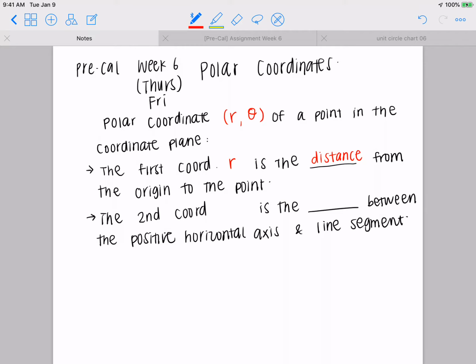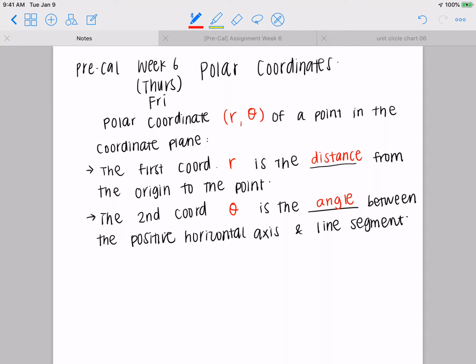And then the second part of polar coordinates is theta. The theta part is actually the angle. Remember, anytime we talk about theta, that refers to the angle. It is the angle between the positive horizontal axis and the line segment.